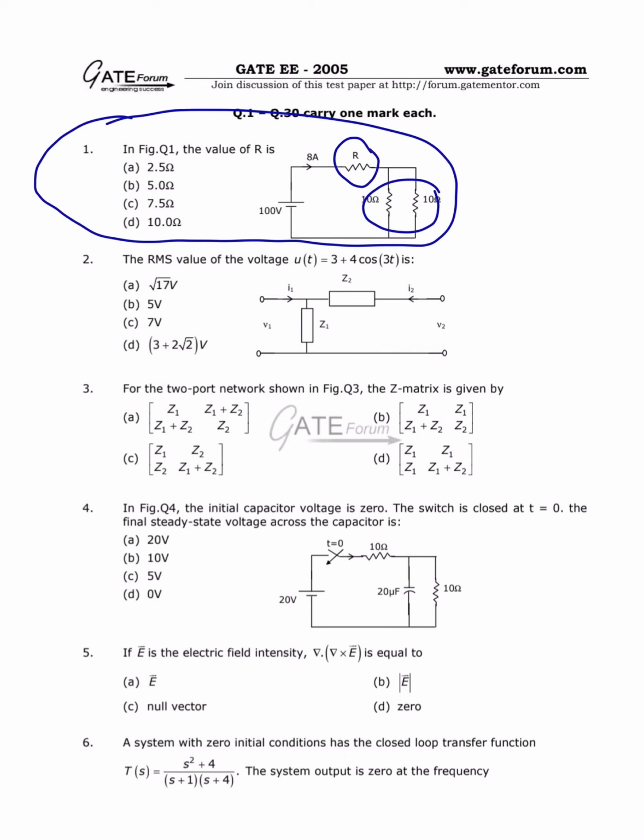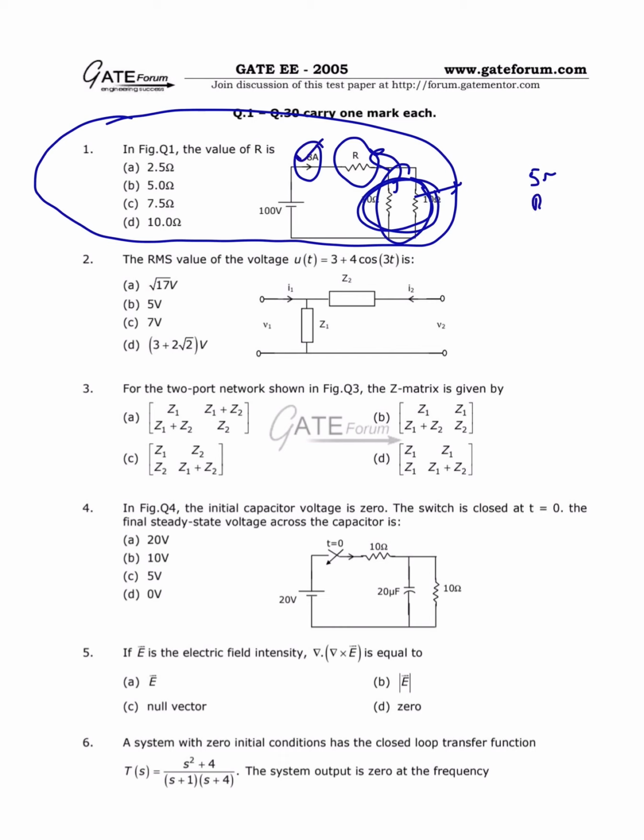What is the value of R? What are the parameters he has given? You must observe first. He has given that 8 amperes flows in the resistance R, and these two are in parallel. What is this? 5 ohms combined, and in series with the R. The current flowing in this is 8.